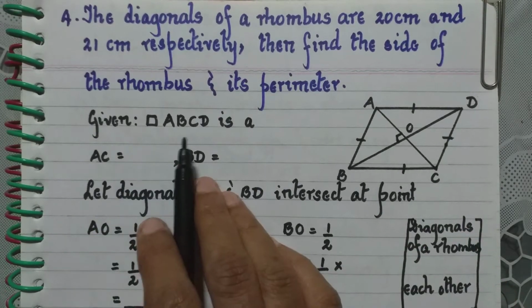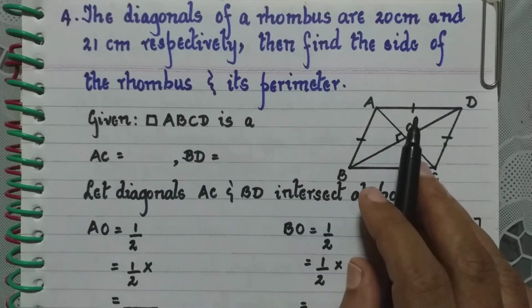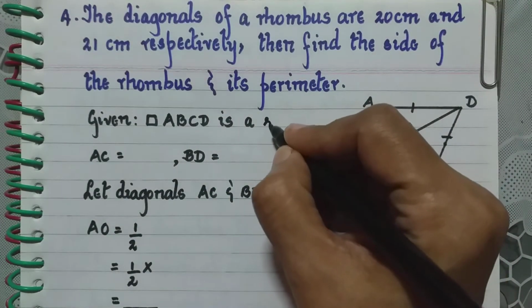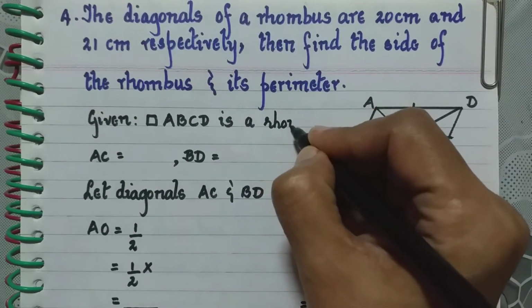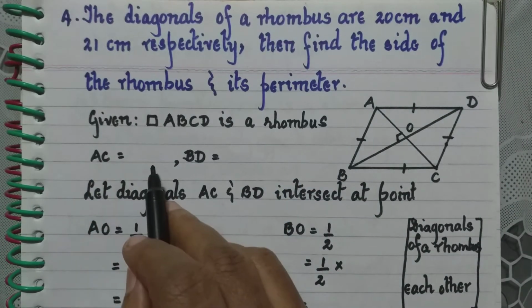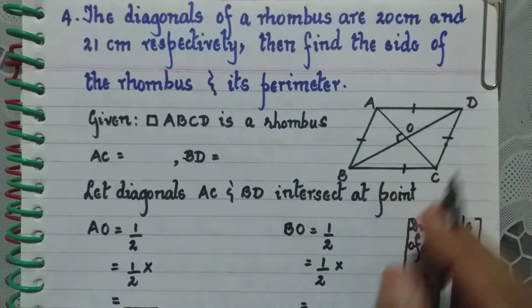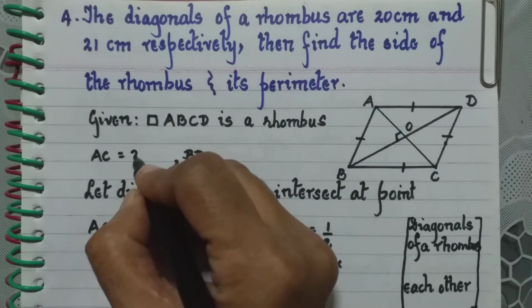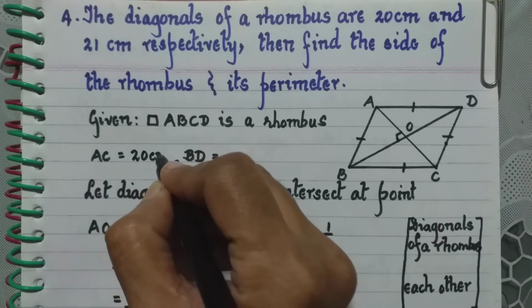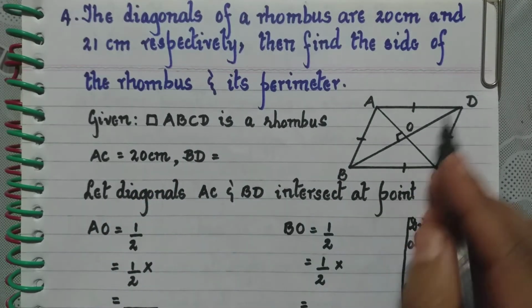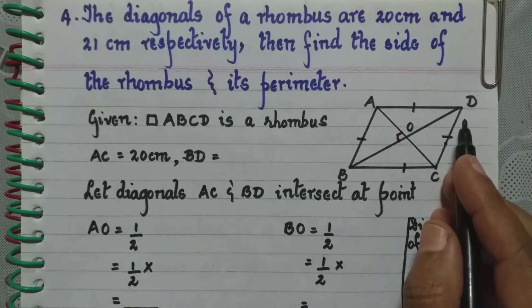Now, the given quadrilateral ABCD is a rhombus. So we write rhombus. AC equal to, we take the first diagonal AC equal to 20 centimeter. So we write here 20 centimeter. Then BD is the other diagonal.